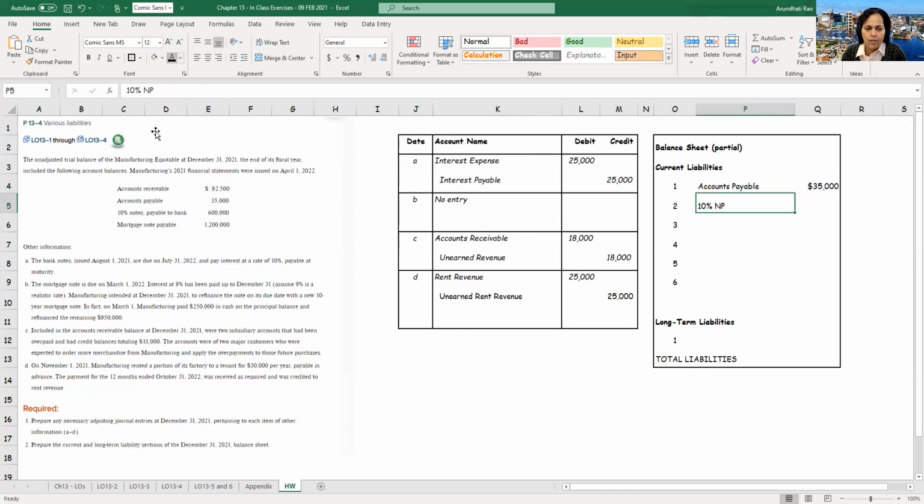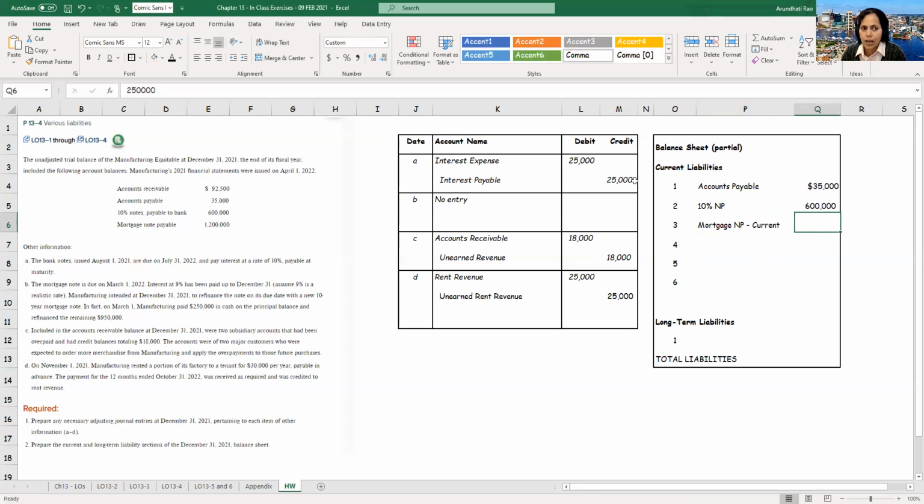The second one I have is that 10% notes payable, which is $600,000. I haven't paid any of that, so that's still there in my books, $600,000. Okay, and it is a current liability, so I leave that over there. I have mortgage notes payable. The mortgage notes payable I have are this mortgage notes payable, 1.2 million. 250,000 was paid in March, on March 1st.